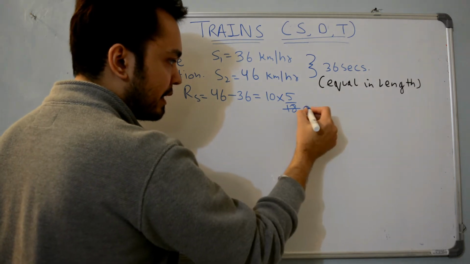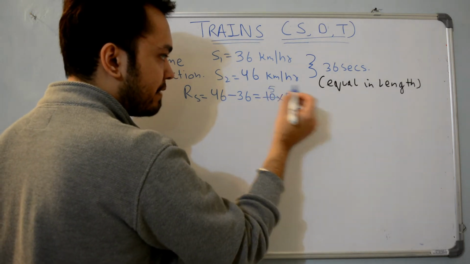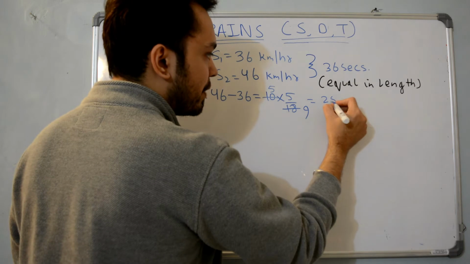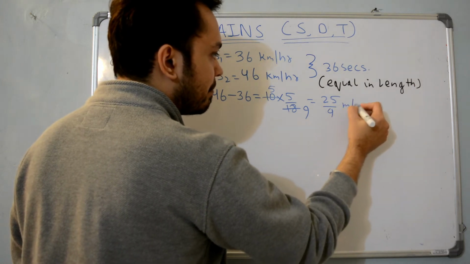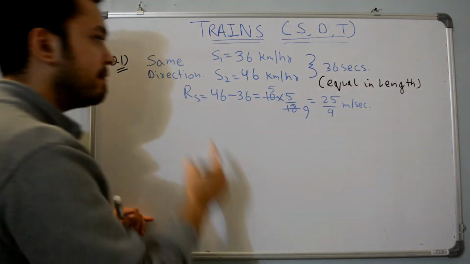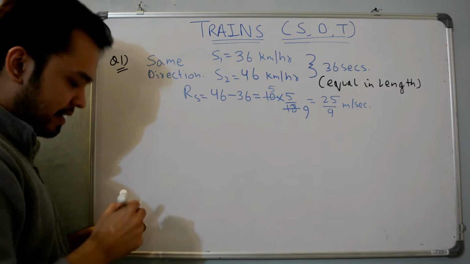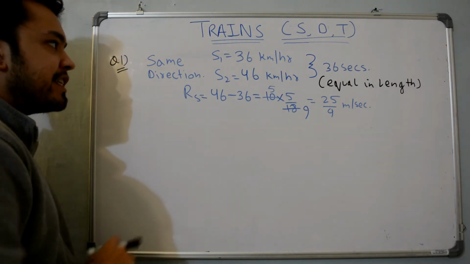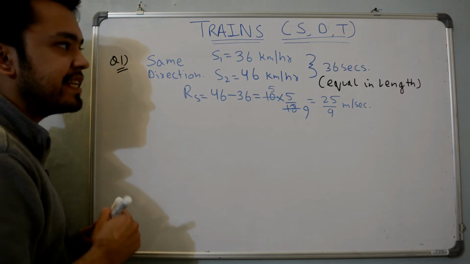So we have 25 upon 9 meters per second as the relative speed, right? Now they cross each other in 36 seconds.